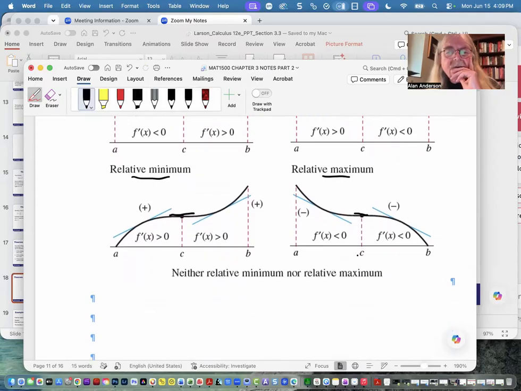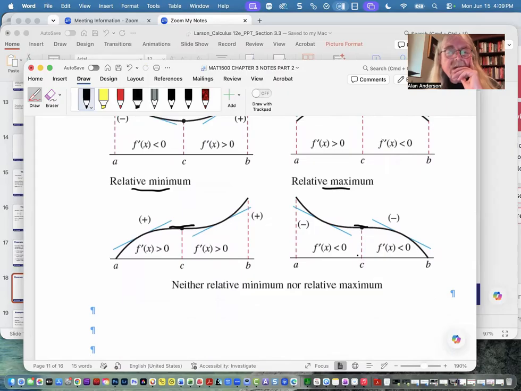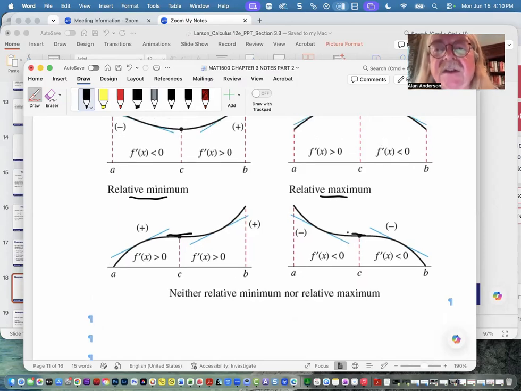So it is possible to have a critical number like this, which is not necessarily a maximum or a minimum. Okay. So later on, we'll see how we classify these points, but for now, it's enough to note that that doesn't guarantee that this is a maximum or a minimum. It depends on the change in the sign of the first derivative.